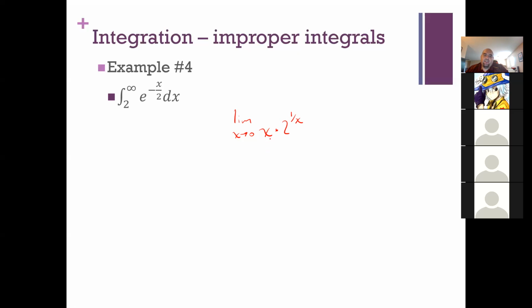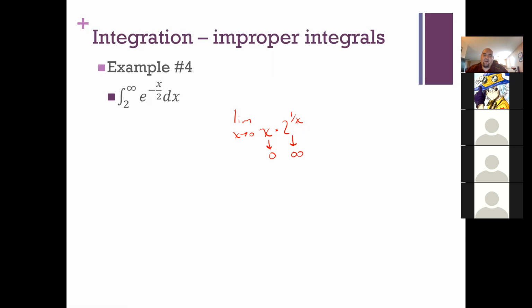So if you look at these individually, as x gets closer and closer to 0, this thing right here will kind of go towards 0. But this thing here, it'll go towards infinity. But you can't make a conclusion from that, because I don't know which one of these is more significant.